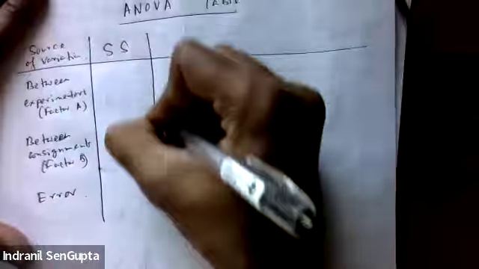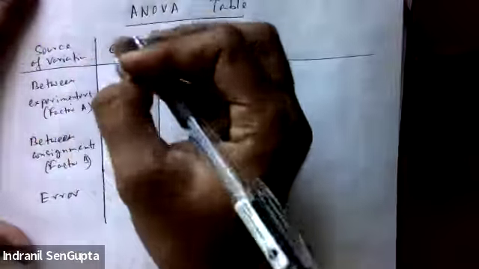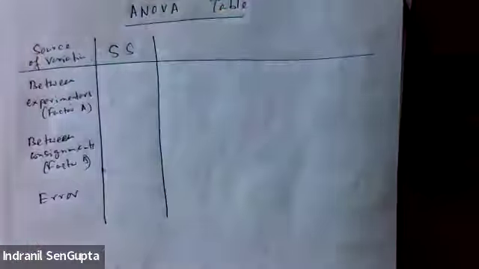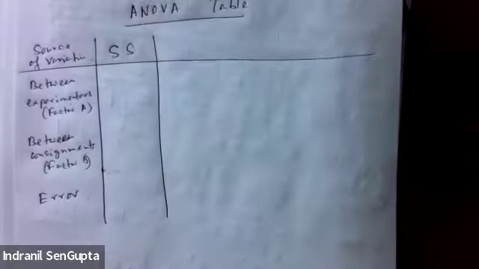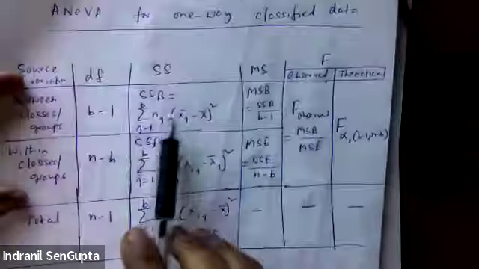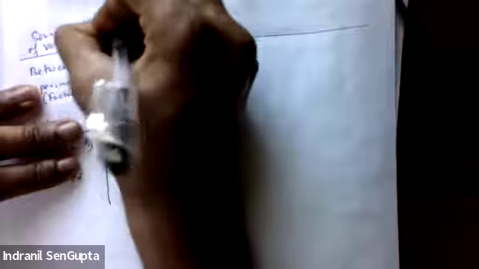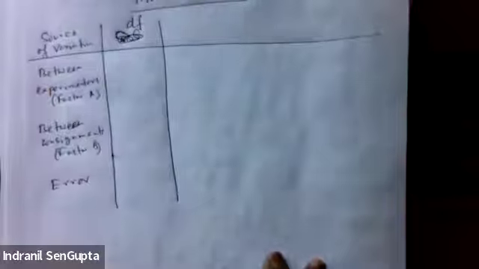Now we write the sum of squares. The first one, we have found the sum of squares in factor A, so SSA. So if it helps, let me just show you this picture. I think we wrote DF first, so let's start with the DF.